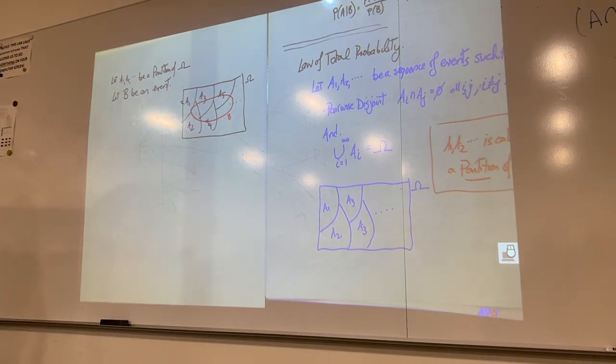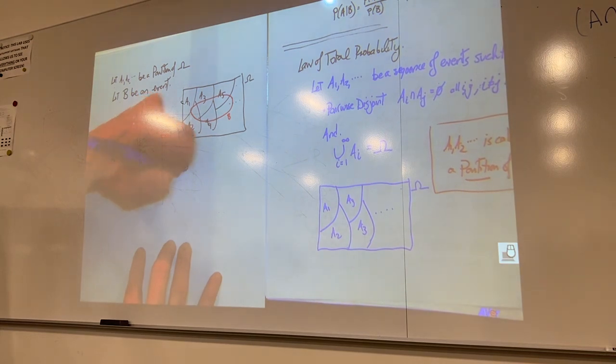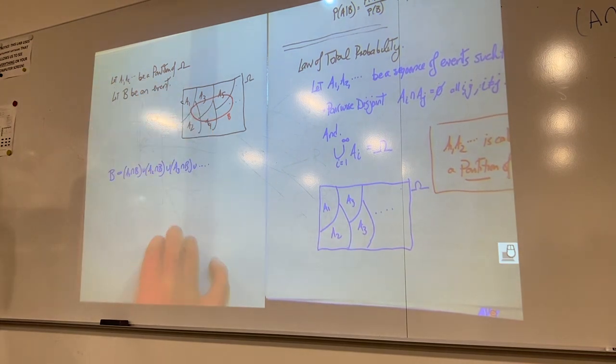And so this event B can be decomposed by that partition. B is A1 and B, or A2 and B, or A3 and B, or dot, dot, dot.